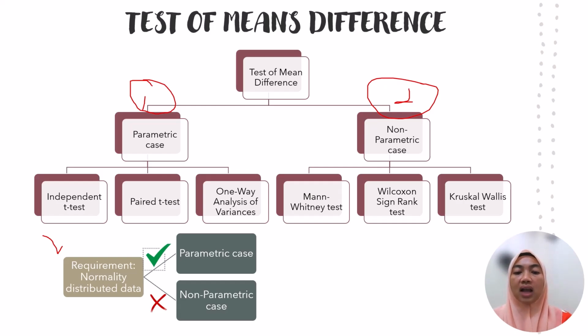If your data is normal, you can use the parametric test, either the independent t-test, paired sample t-test, or one-way ANOVA. If your assumption is not met, you need to use the non-parametric test.